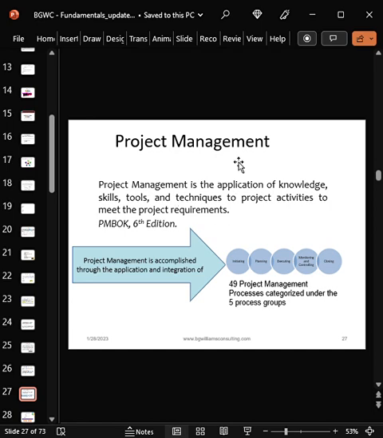So let's look at the PMBOK definition of what project management is. Project management is the application of knowledge, skills, tools, and techniques to project activities to meet the project requirements.